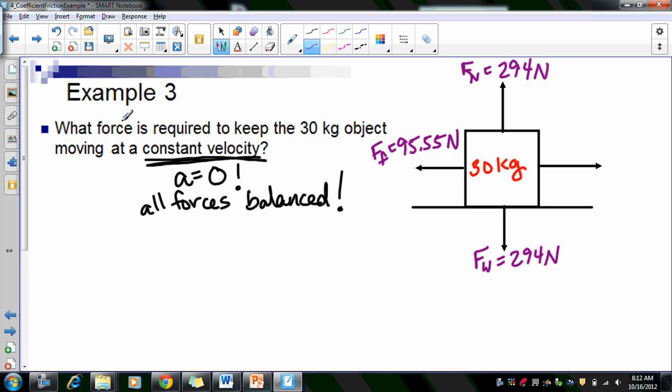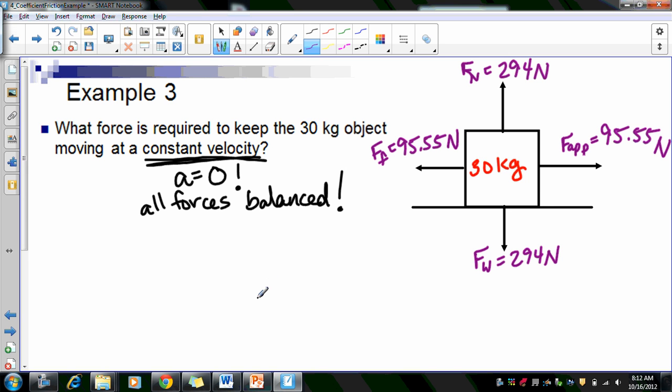And so the question is, what force is required to keep it going at constant velocity? Well, since all forces have to be balanced for this to happen, then that means these two have to balance and these two have to balance. And so the applied will be equal to the kinetic.